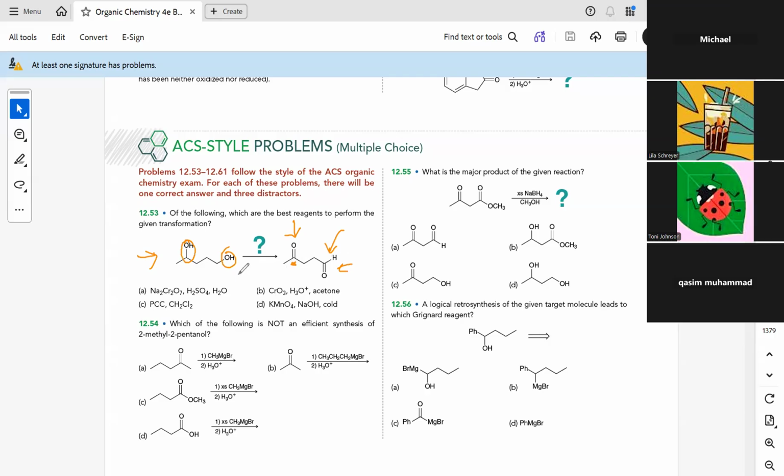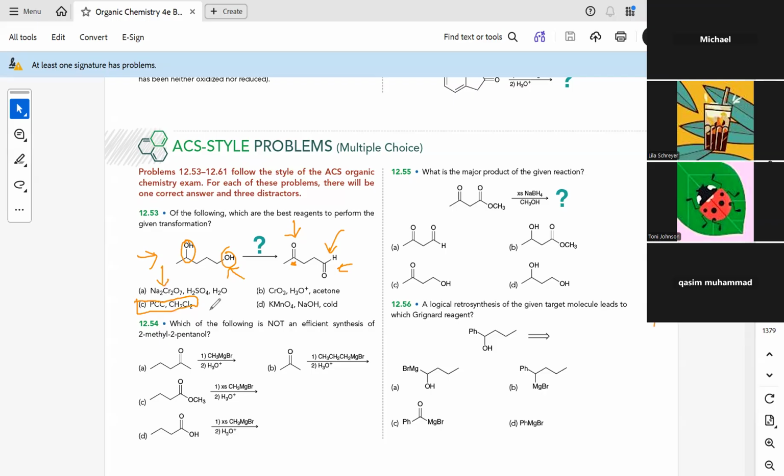Since I don't want this to be further oxidized, I'm going to use pyridinium chlorochromate. This is not quite as strong an oxidizing agent as our chromic acid. Again, we don't want that to be oxidized over here to a carboxylic acid. So we're going to use that PCC. That's a weaker oxidizing agent.